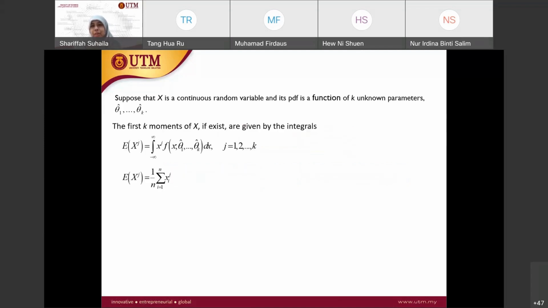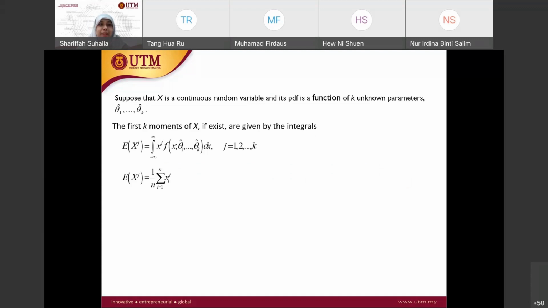So we have two types of moment that I already mentioned, moment about the mean and also moment about the origin. First, we look at the formula for moment. When we mention moment, that means you need to find your expected value, the expected value of x to the power k, or to the power j, it depends.